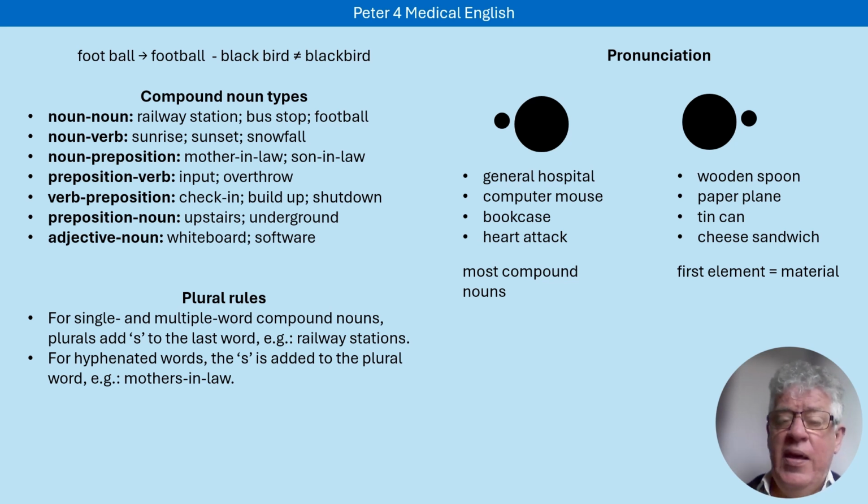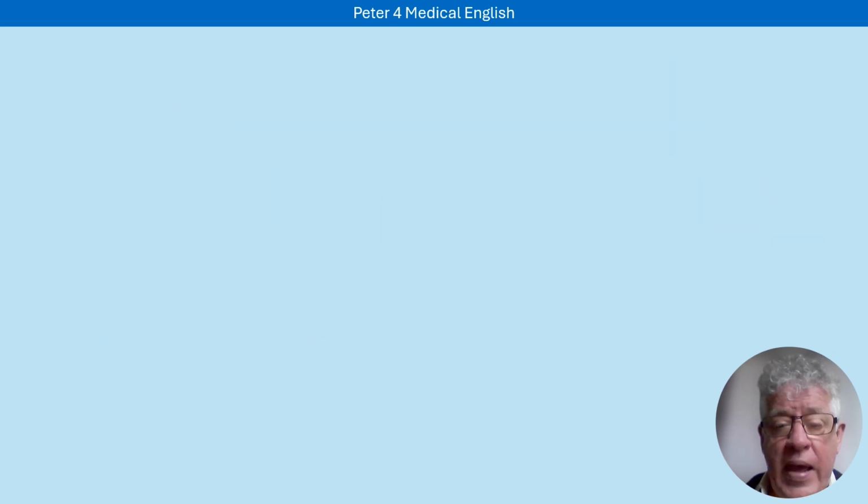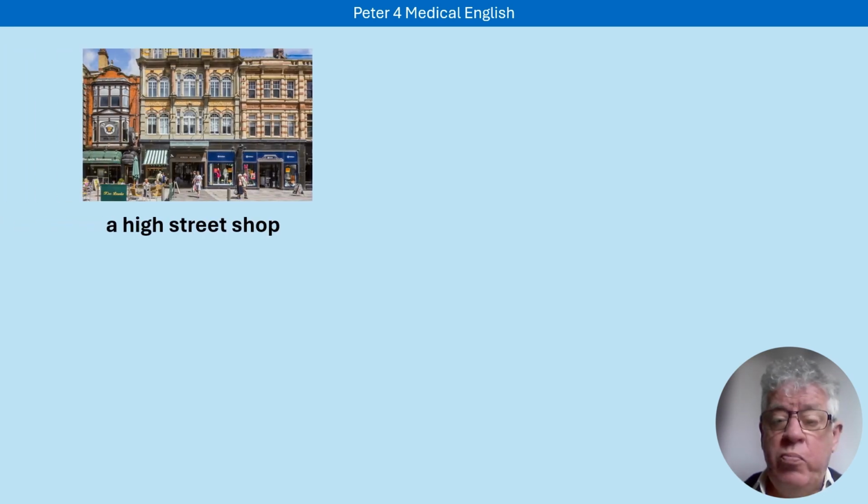Now, there's something also very interesting about compound nouns. That is, they have to be understood as a compound noun by the people who use the language. In other words, they're culturally sensitive. Let me give you an example. If you went to Britain, you may hear people talk about a high street shop or high street shops.